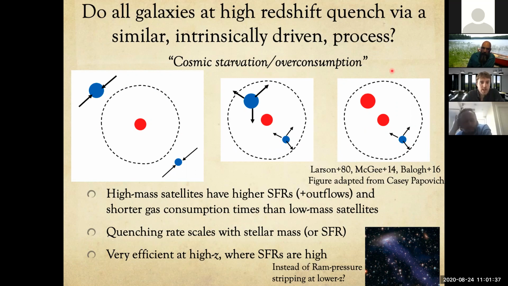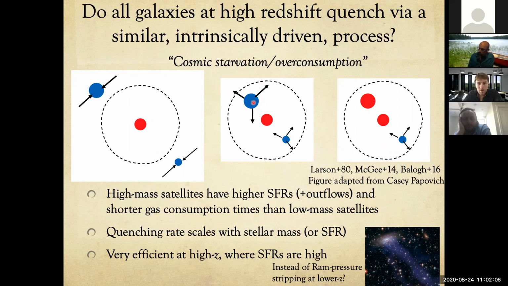So the basic idea is that you have a halo with potentially a central galaxy at its center, and galaxies before they are accreted by this halo are still accreting gas from the cosmic web. But when they are accreted by the halo and cease that cosmic web gas accretion, they can only consume their own ISM gas and drive outflows, which will ultimately quench them.